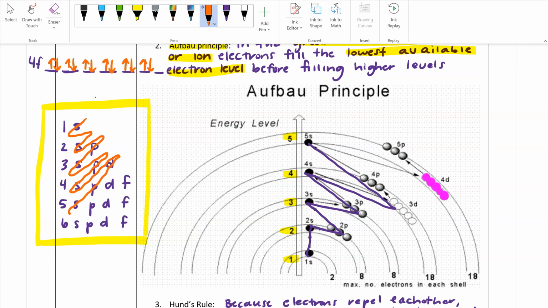So you just keep scrolling down through each one of these little situations to figure out how you're going to fill your orbitals.